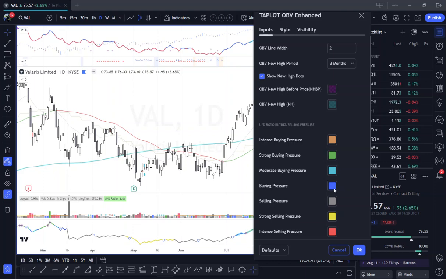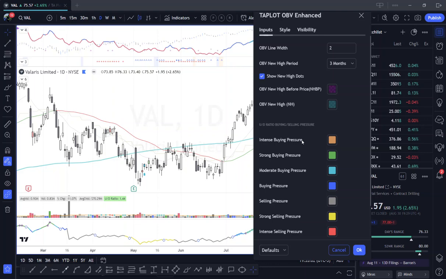The value is really not that important, but it's like 1.15, I'm just giving examples, 1.15 to 2.4, 2.5, whatever. So you'll have buying pressure, moderate buying pressure, strong, and intense. The higher the up-down volume ratio, the more intense it is.